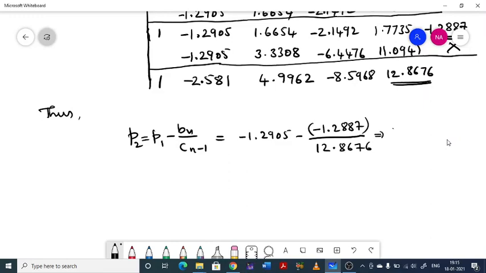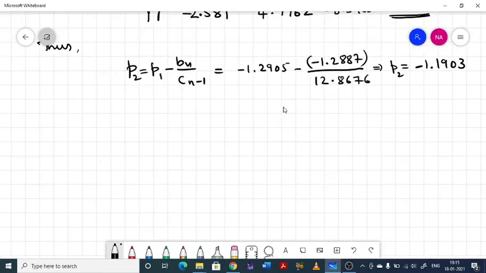So we get P2 equal to minus 1.1903. Now continuing this process for the third iteration.